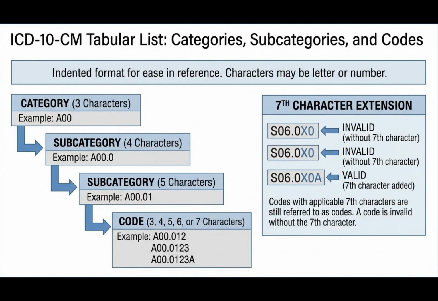Codes may be 3, 4, 5, 6, or 7 characters. That is, each level of subdivision after a category is a subcategory. The final level of subdivision is a code. Codes that have applicable 7th characters are still referred to as codes, not subcategories. A code that has an applicable 7th character is considered invalid without the 7th character.